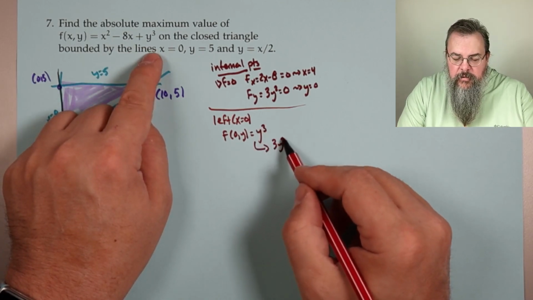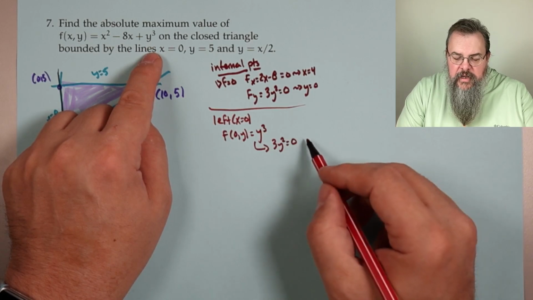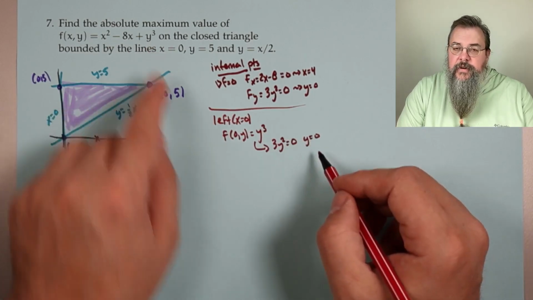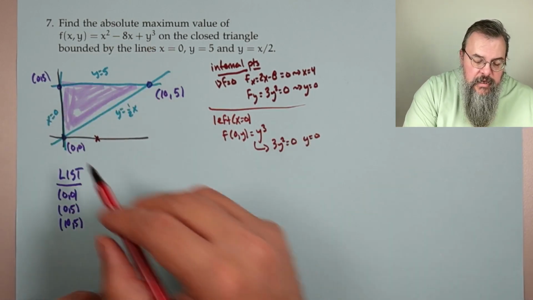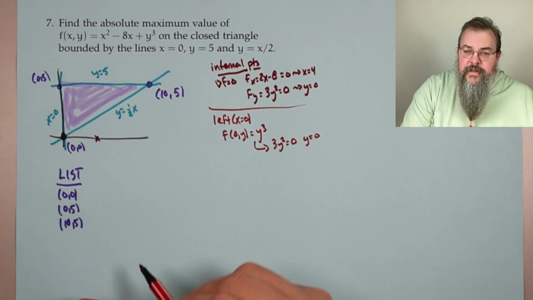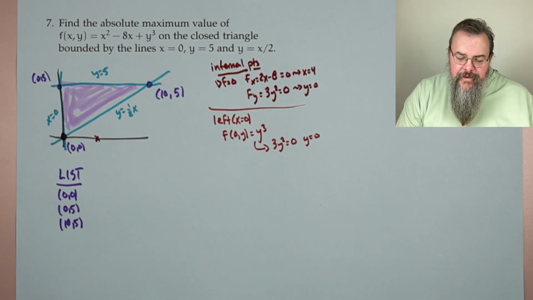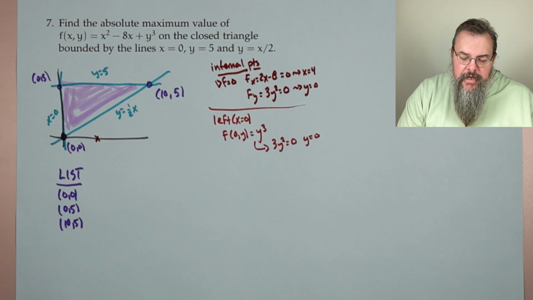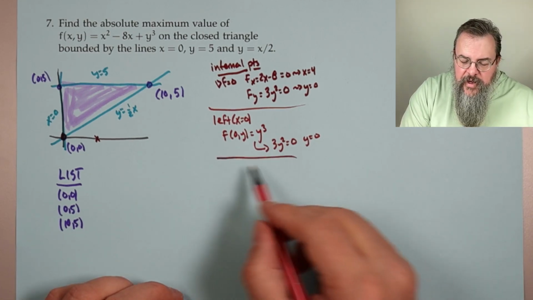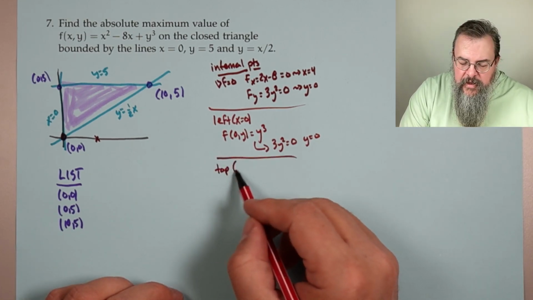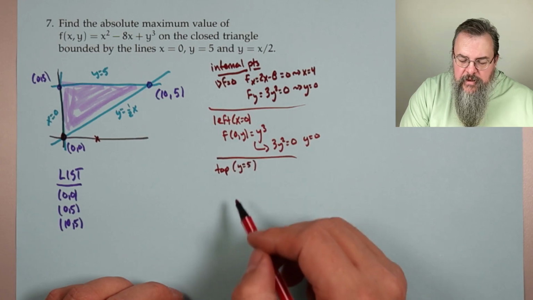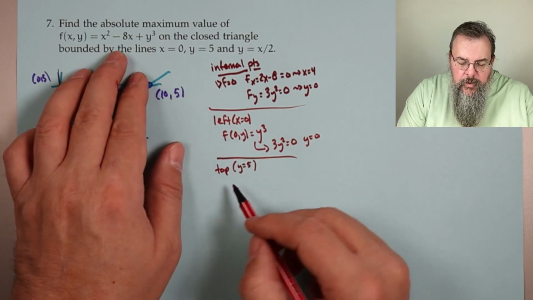We get 3y squared. Set derivative equal to 0. And that gives us that y equals 0, which would be this point down here, 0, 0. It's already on our list. Okay, well, that's saved us some work. All right. How about the top side? That's y equals 5. Well, all right, we can work that out.